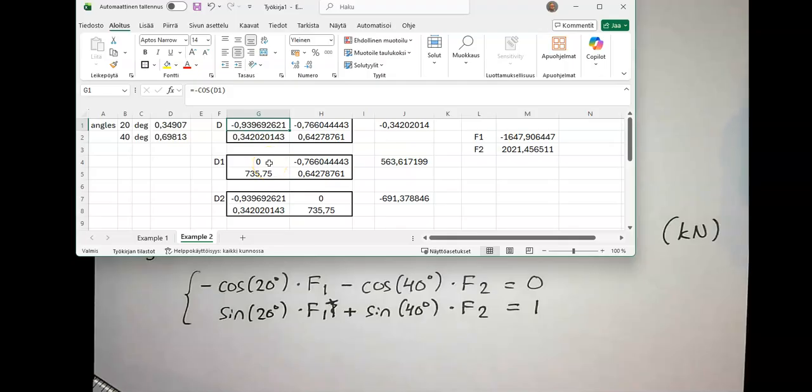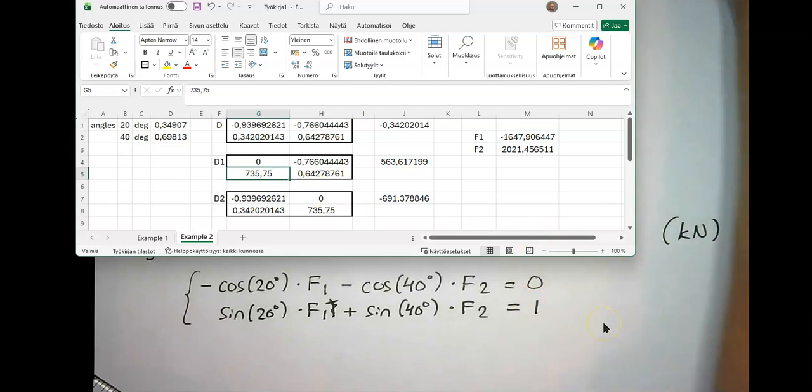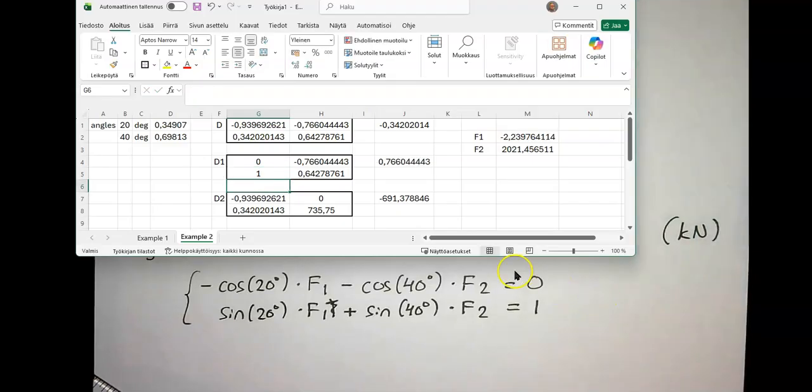And the next one: here we had the first equation, right hand side 0. We have also now 0. There we had right hand side 735, but now we have 1, so I will write 1 there.